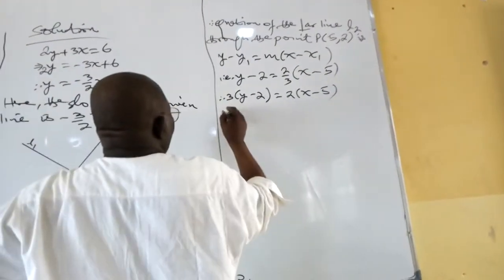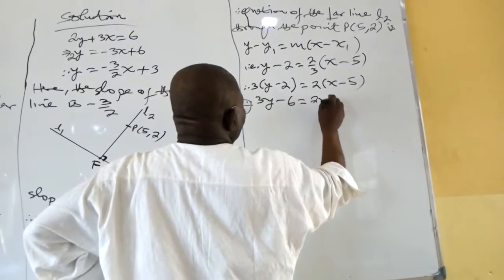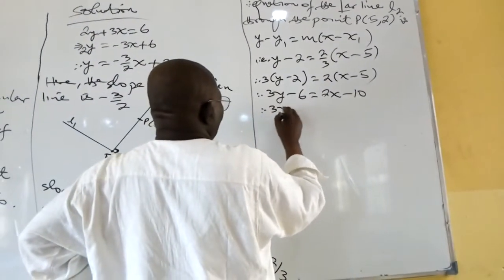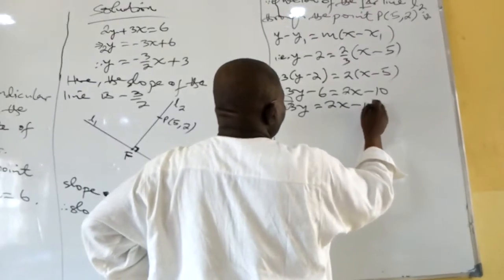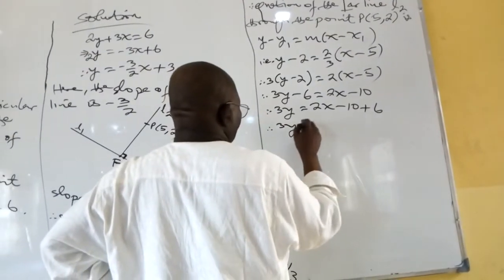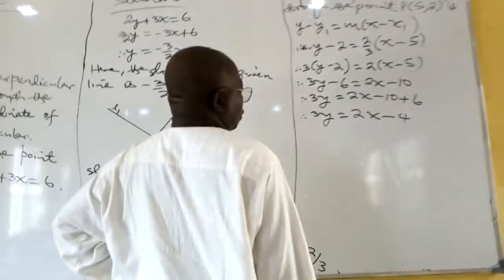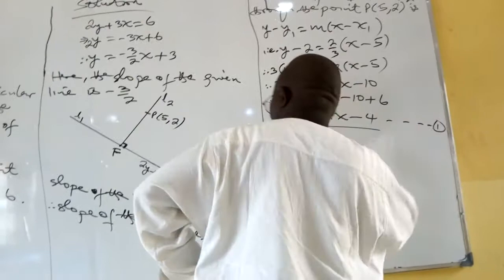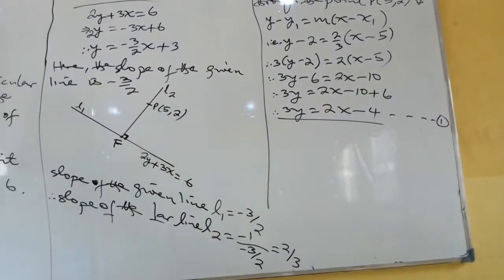Expand. I have 3y minus 6 is equal to 2x minus 10. So 3y is equal to 2x minus 10 plus 6. Therefore, 3y is equal to 2x minus 4. This is the equation of the perpendicular, the answer. You can call this equation 1 just for reference.